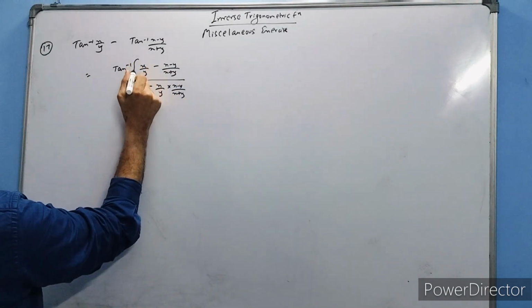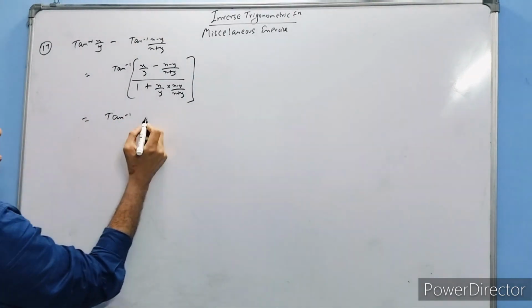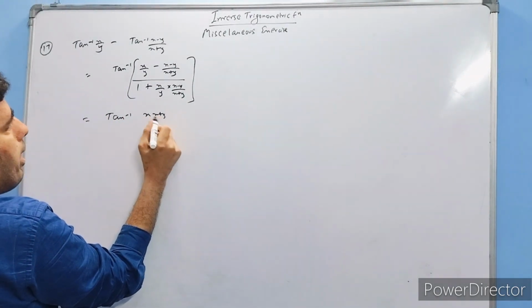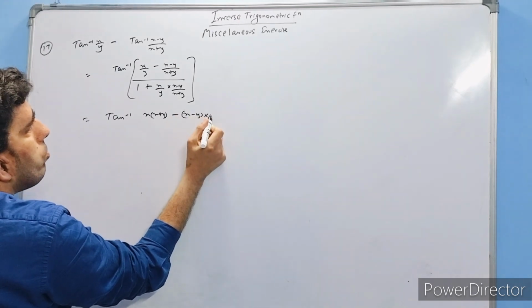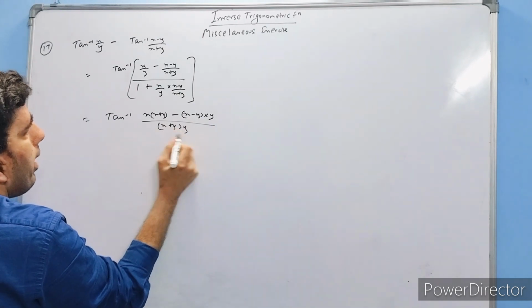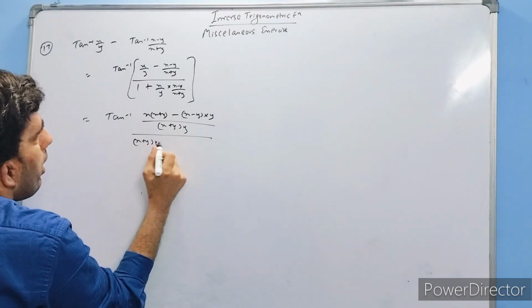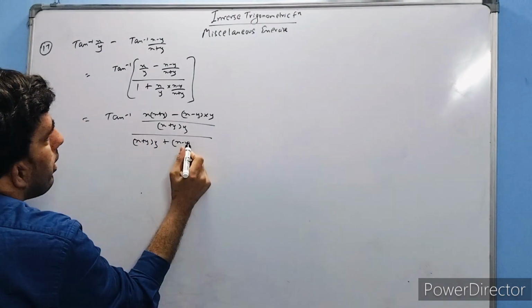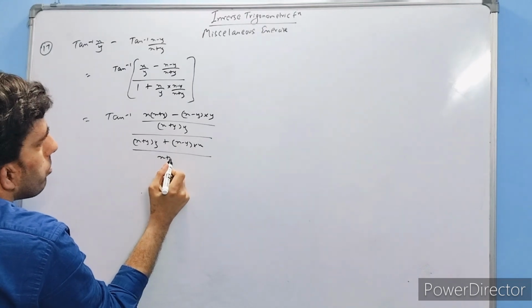So we'll have this identity here, so it is tan inverse x plus y minus x minus y into y upon x plus y, upon x plus y plus x minus y into x upon x plus y.